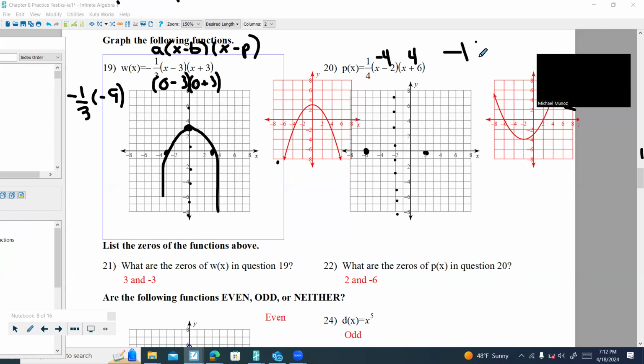And then we take that times 1/4, and I should get negative 4.